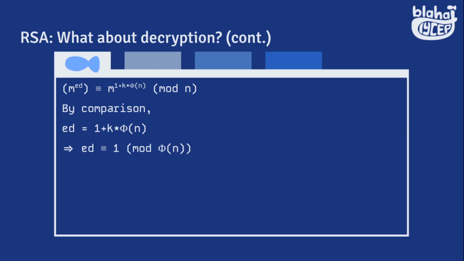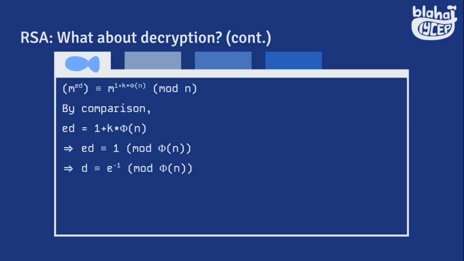And this is over integers, not modulo n, because they are just comparing exponents. And since ed equals 1 plus k times phi of n for some integer k, this is very reminiscent of our earlier equation where we can convert it into ed is congruent to 1 modulo phi of n. Everyone following so far? Okay, great.